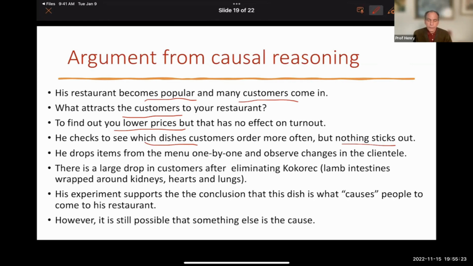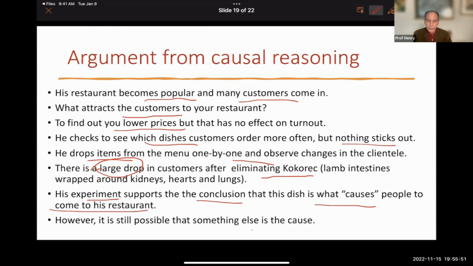Now he says, okay, let me drop items one by one, and what happens? There's a large drop after eliminating this type of meal, kokoretsi, some kind of lamb intestines wrapped around kidney, hearts, and lungs. His experiment supports the conclusion that this dish is what causes people to come to his restaurant.